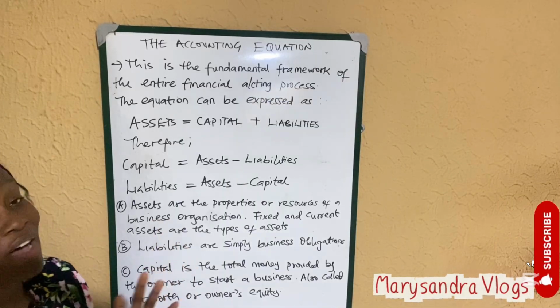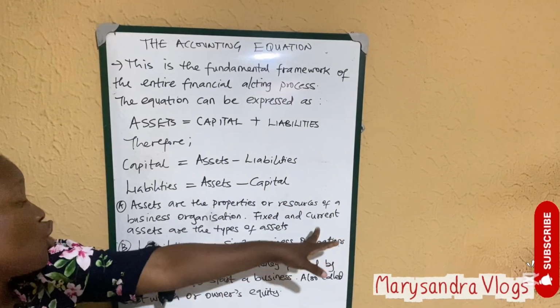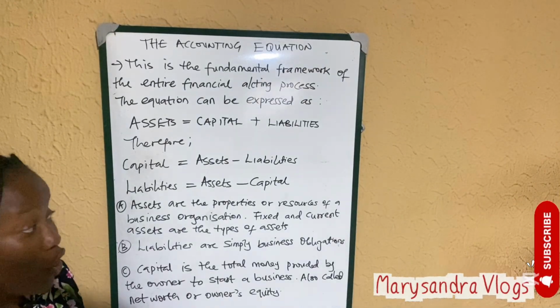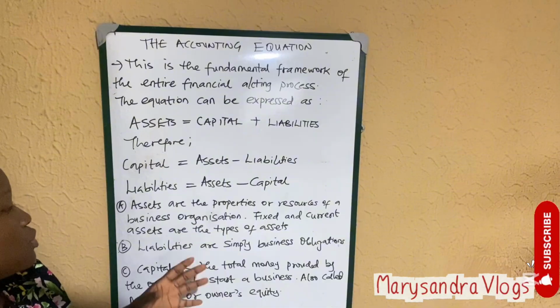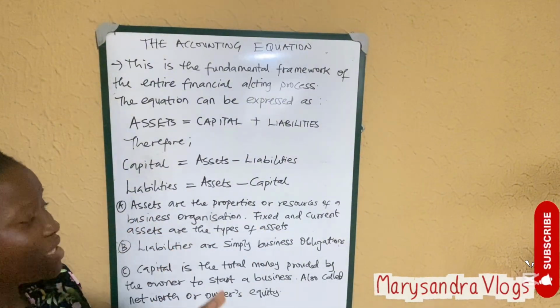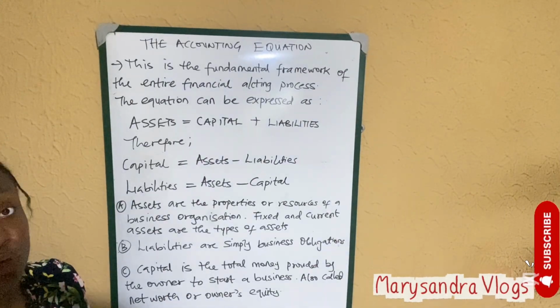And when we're talking of assets, we're talking of two types of assets. We have fixed assets and current assets. In layman terms. Currently, we call them non-current assets and current assets. So fixed assets are assets that are used over a long period of time. For example, your building.